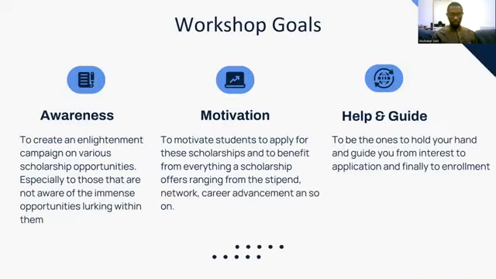So why do we do these workshops? First of all, we do workshops with regards to scholarships so that we can generate awareness. We want to create awareness. Most people are not very aware of the scholarship opportunities that are readily available. Some that are aware lack motivation, because they are aware that there are opportunities, but they don't know that if they apply, they also stand a chance of getting one.